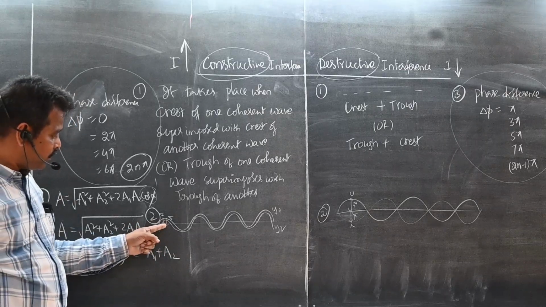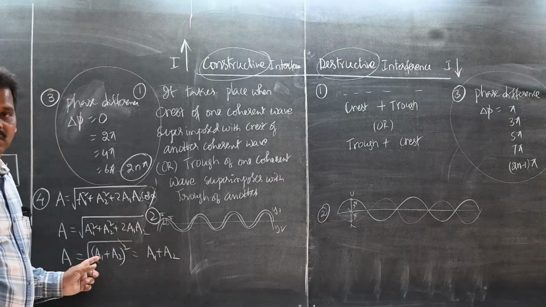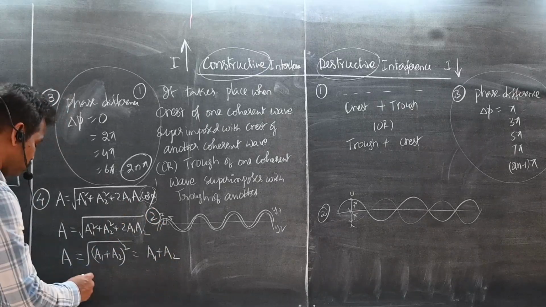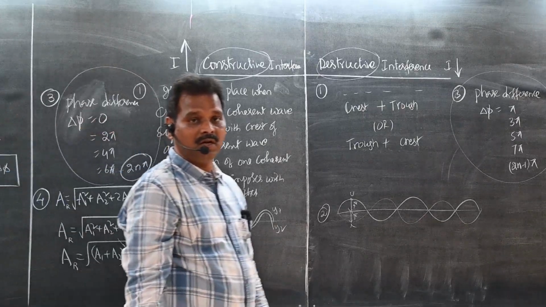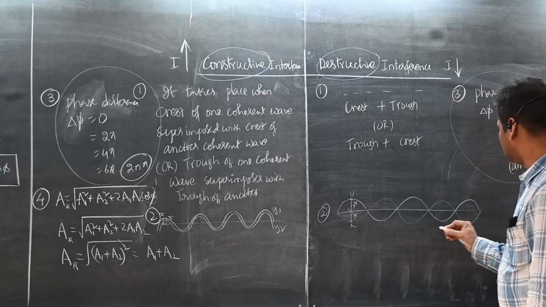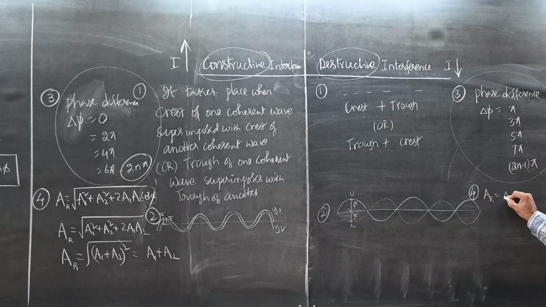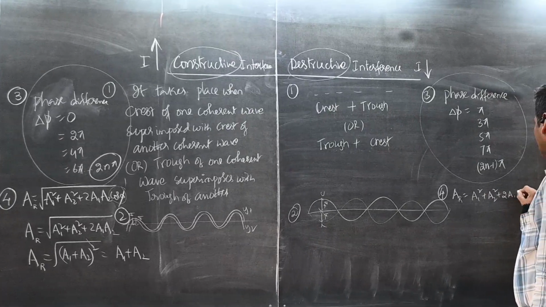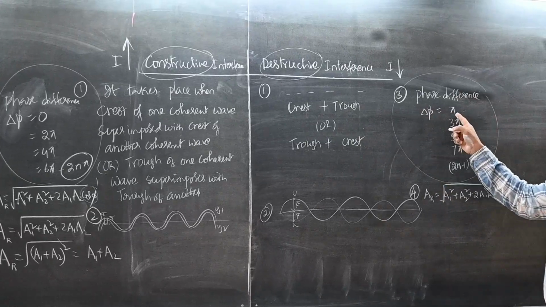a1 plus a2 whole square under root, cancel. So what is happening here? A plus a, 2a. This is the resultant amplitude. Can I say AR here? Why AR? Resultant amplitude. This side, fourth point, what is the resultant amplitude? a1 square plus a2 square plus 2a1 a2 cos pi. But what is cos pi, students?